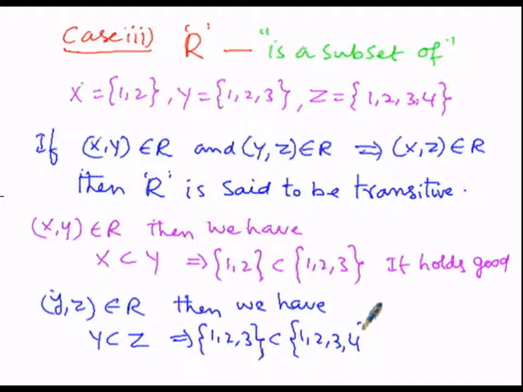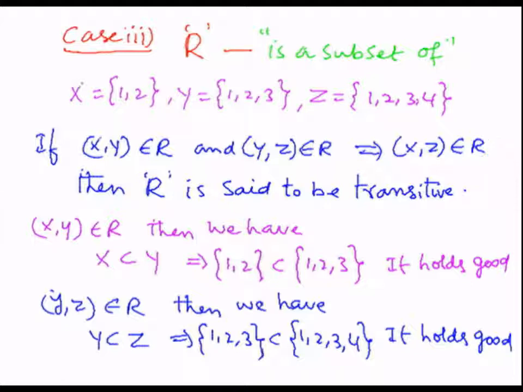Here the elements of the first set, 1 2 3, are also present in the second set, therefore the first set is a subset of the second set, so here also it holds good. Then that implies x comma z also must belong to R.